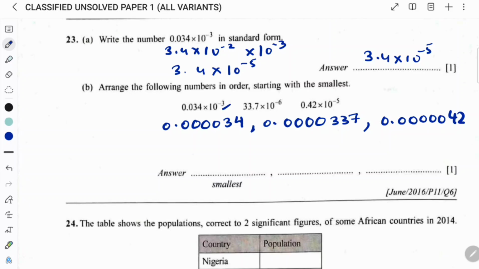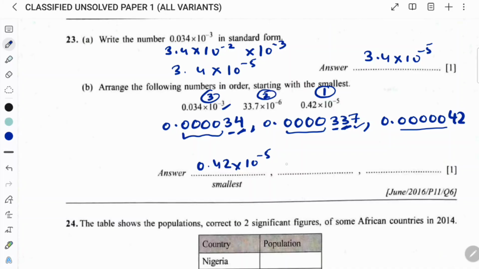Now we have to write them in order. So obviously this is 5 zeros, which means it is 0.42 into 10 to the power minus 5, the first one. Then this is 4 zeros and the same 4 zeros, but it is 3 and it is 4. So obviously this is the second one and this is the highest one.